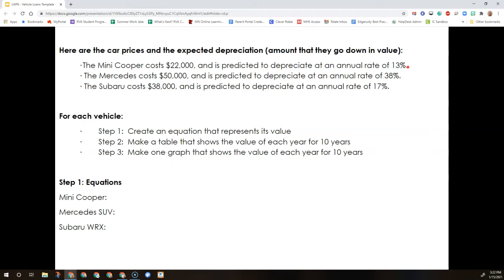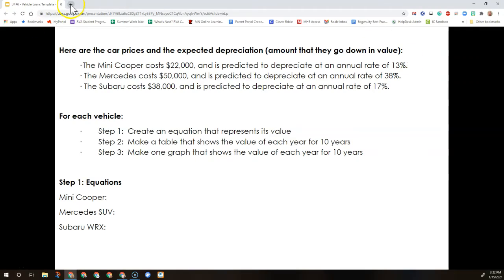And if I take away 13%, that gives me 87%. 100 minus 13, that's 87. So the common ratio is every year it's only worth 87% of the year before. So, 87% is less than all of it. So let's go into our graphing calculator and let's try to put this equation there.